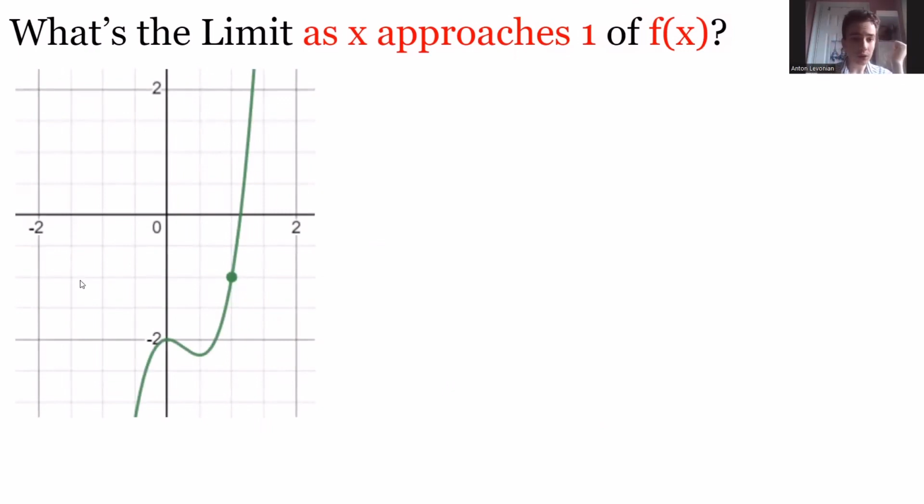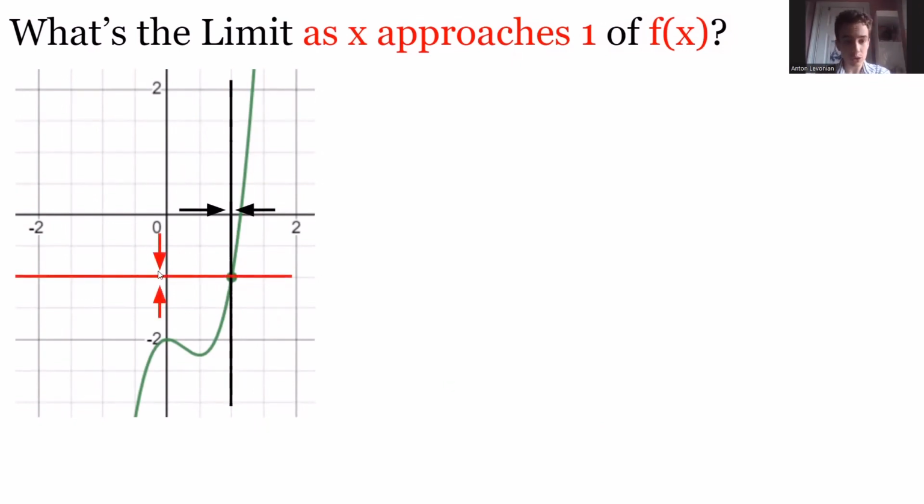Here, for example, at x equals 1, the function is perfectly defined. It's equal to -1. It also happens that as x approaches 1, the values of f of x approach -1, which just happens to be the value of the function at that point, but it doesn't have to be.